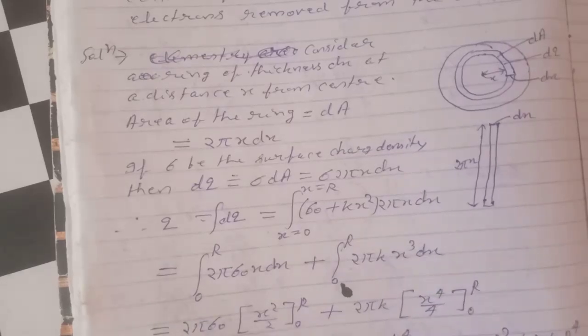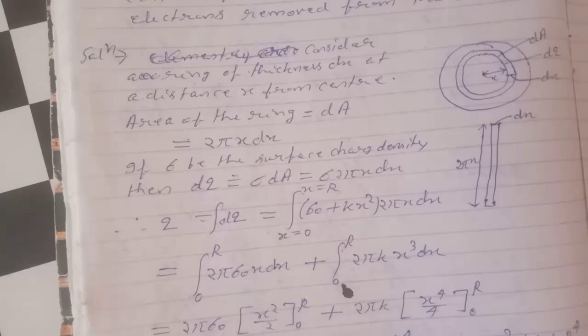So this will be r square by 2, and this will be r to the power 4 by 4, giving pi sigma naught r square plus pi k r to the power 4 by 2. This is the value of the charge on the disk, the total charge. Hence the number of electrons transferred will be n equals q by e.